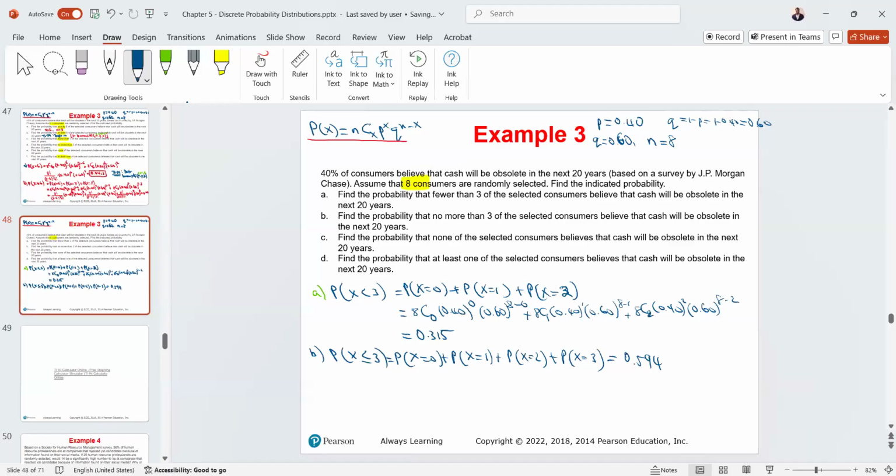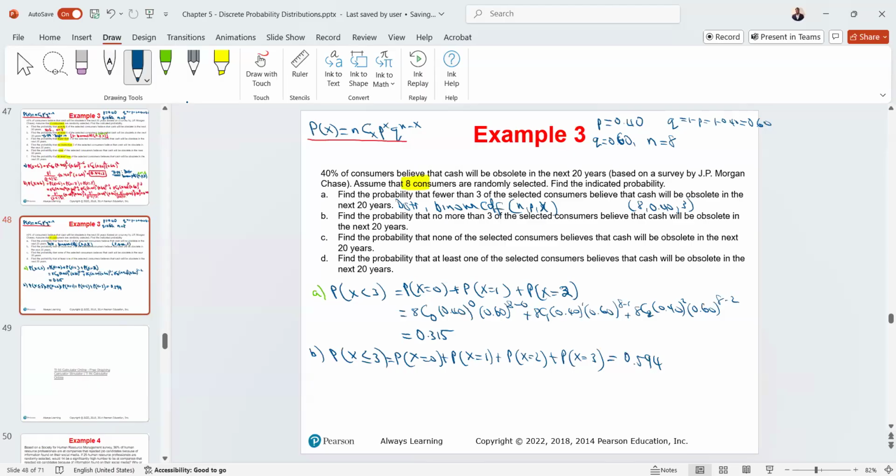Remember, for the answer in the TI-84, because it says less than, you don't need to subtract from 1. It is binomCDF. Do it in your calculator with NPX. For us, NPX is 8, 0.40, and 3.